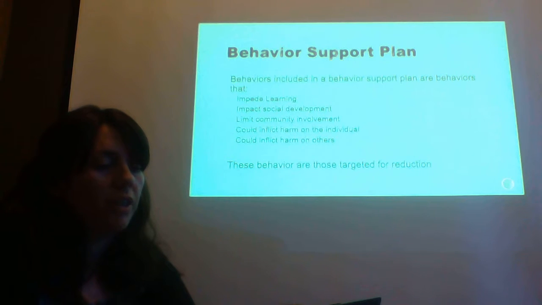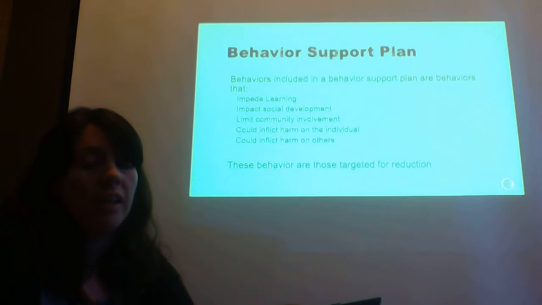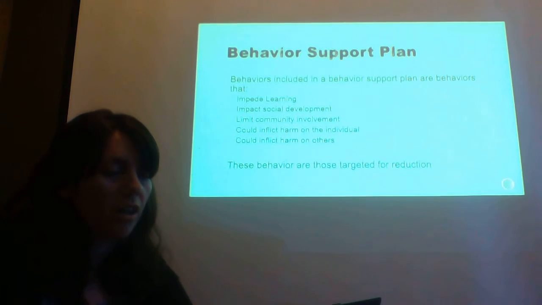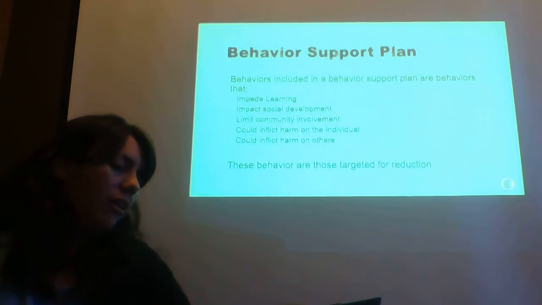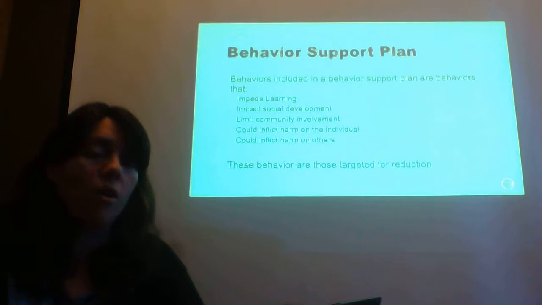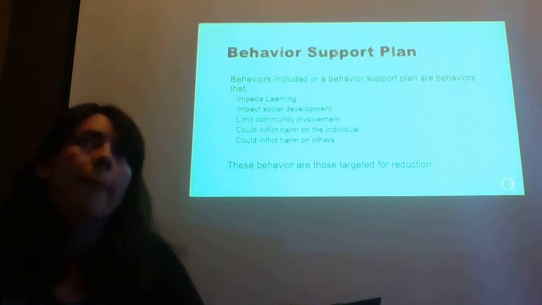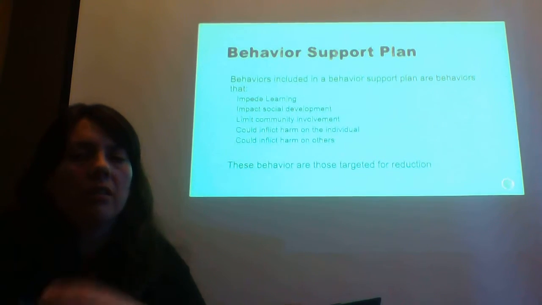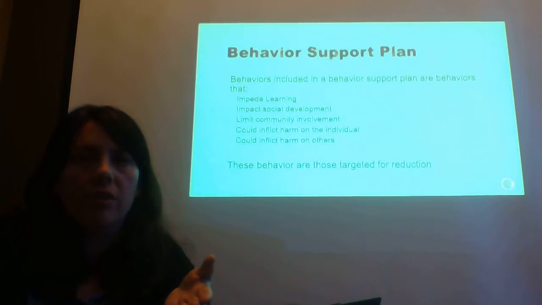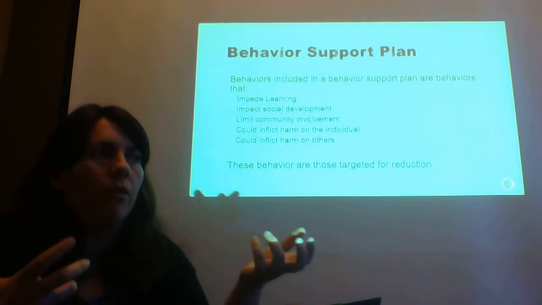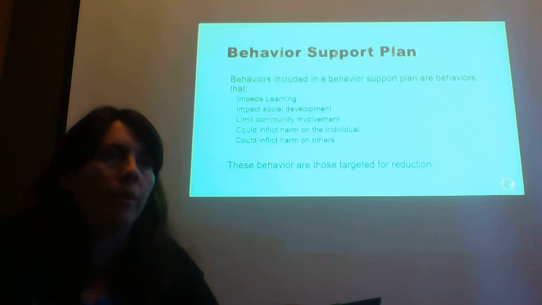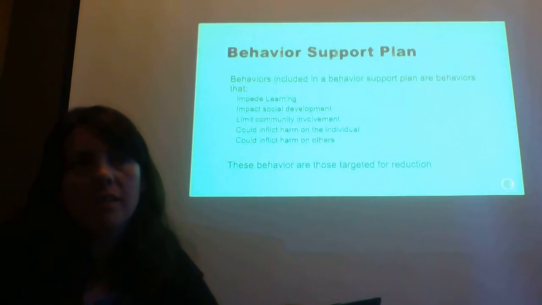Behaviors included in a behavior support plan are behaviors that impede learning, impact social development, limit community involvement, could inflict harm on the individual, and could inflict harm on others. So obviously we're targeting these behaviors for reduction. This goes back to that social validity part of ABA, where as a therapist you're not going to be choosing the behaviors that we're targeting, so that will already have happened, but just FYI, we're not coming at them from a point of like, what's the most annoying thing this kid does?